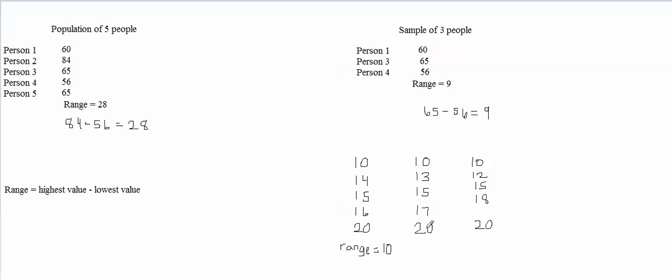Here the highest is 20 and the lowest is 10, and we get 10. And here, the highest is 20, the lowest is 10, and when we subtract, we get 10.